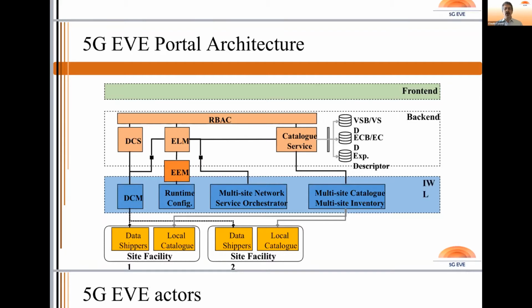Okay, here in this picture, you already see, in high level detail, I would say, the structure of the 5G architecture, which is very similar to what Mauro showed before. At the top, you have the front end, which is the portal that allows you to run your experiments, and below it, besides the backend, we have the interworking layer.